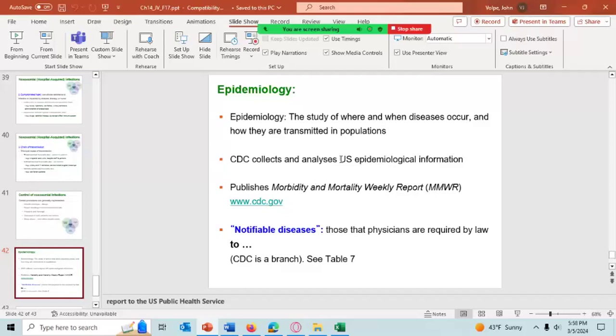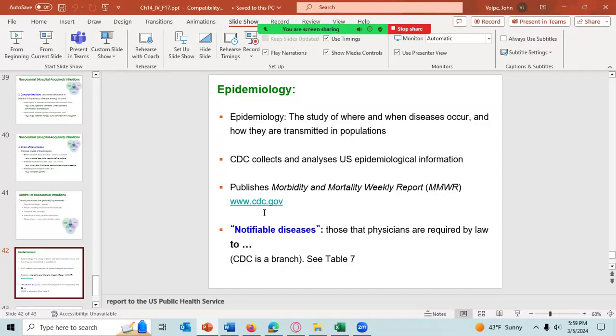The CDC office is actually in Atlanta, Georgia, and then they collect all of that information, analyze it, and then publish it weekly in the Morbidity and Mortality Weekly Report, which is usually called MMWR. And you can find that at the Centers for Disease Control at www.cdc.gov.